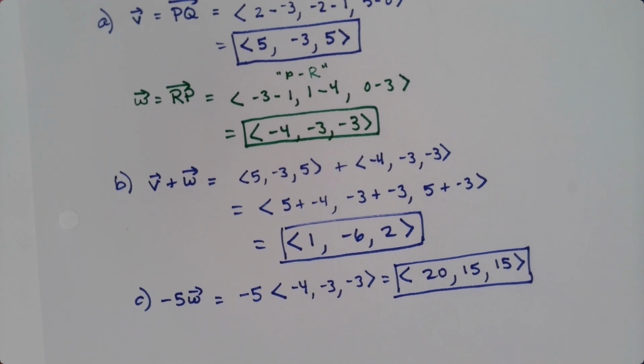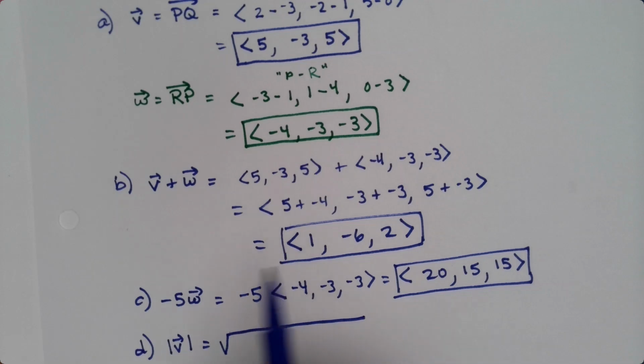All right, now let's do the magnitude. Find the magnitude of vector V. That would be the square root of 5 squared plus -3 squared plus 5 squared.